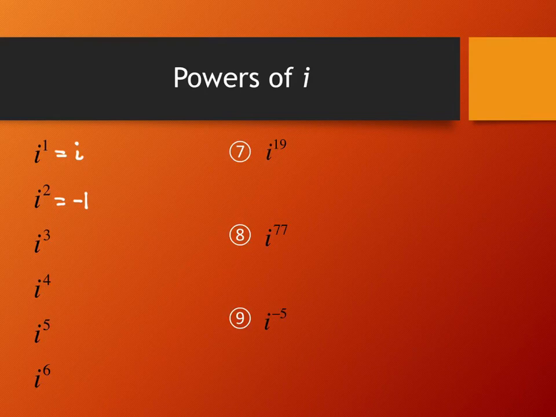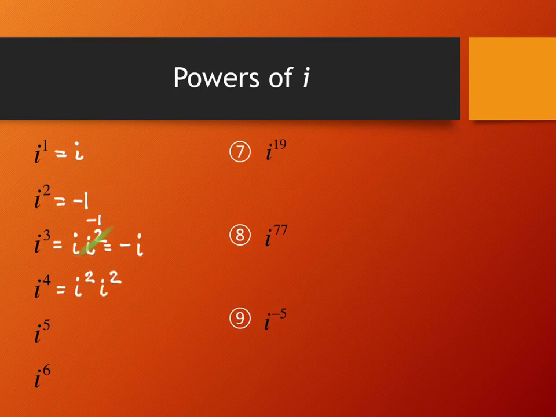Now the kicker is that i cubed is the same thing as i times i squared, right? But what is i squared? -1. So this piece is -1, so this is actually -i, because I have an i times -1. i to the 4th could be written as i squared times i squared.